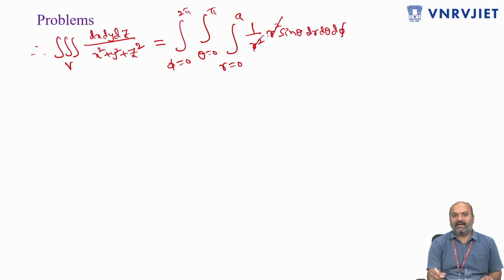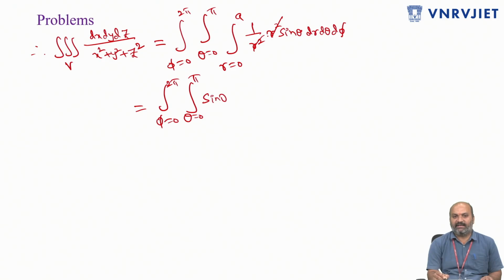Of course, this r² gets cancelled. Now the r, θ, φ limits are all constants, so you can integrate in any order. Let's integrate with respect to r first.